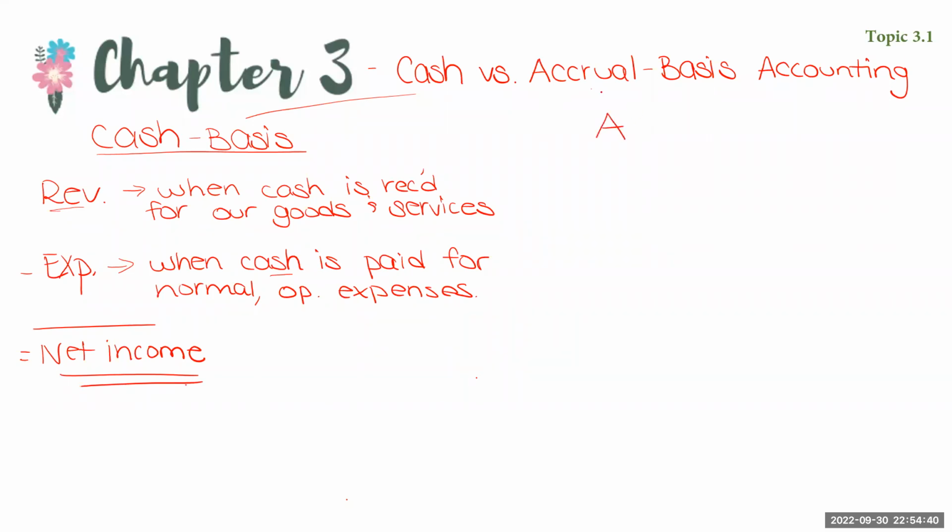Let's see how that differs for accrual basis accounting. Accrual basis accounting says that we consider an item revenue when it's earned, which is consistent with the revenue recognition policy we learned about back here, right?